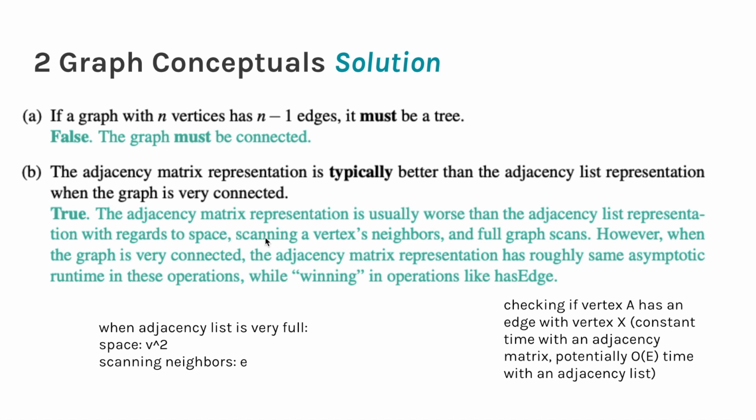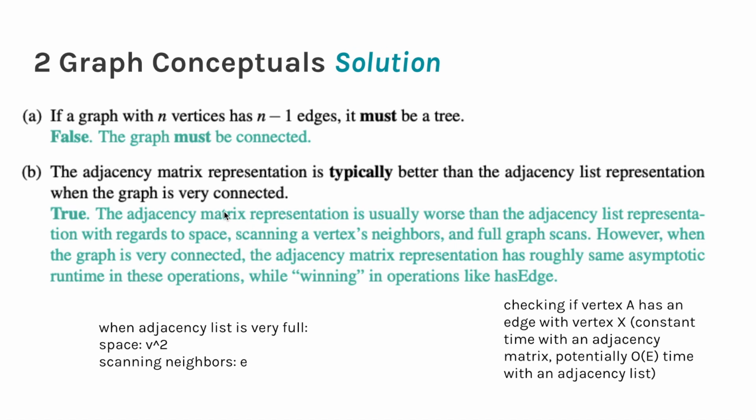Note the maximum number of edges in a graph is v squared, and if it's very connected, we'd have close to v squared edges. Iterating through neighbors is also like iterating through a list of size roughly v.